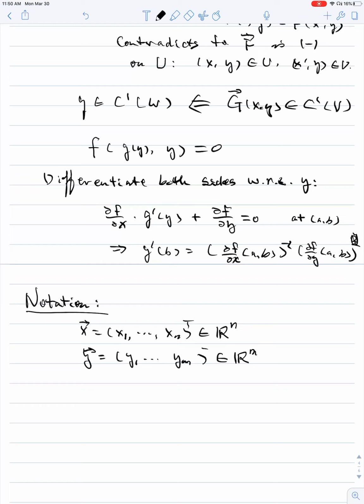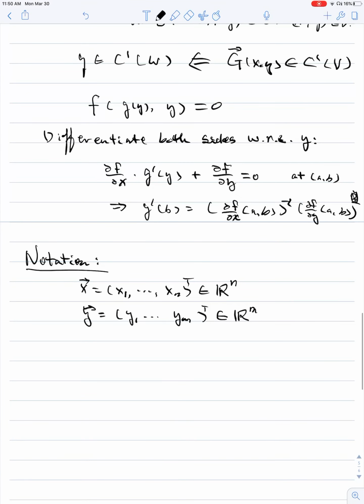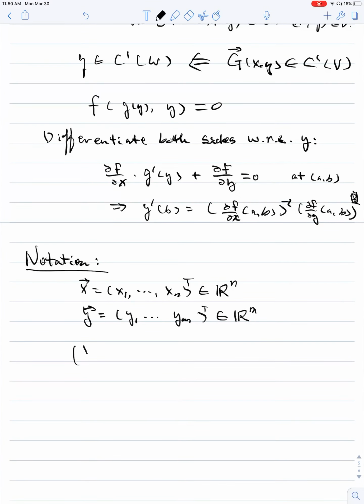I should write these as column vectors. Then (x, y) is a column vector x1 through xn and y1 through ym, that is in R^(n+m).